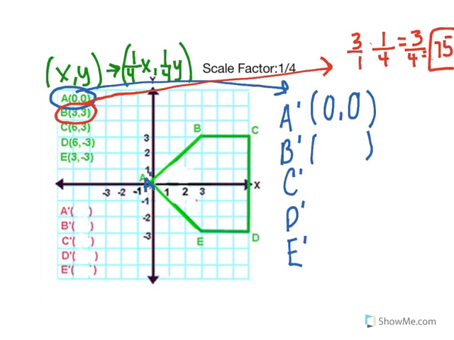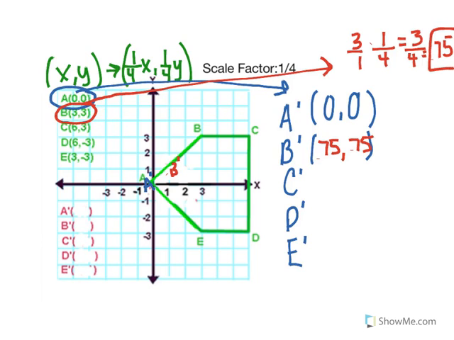So you're going to look at your x-axis and you're going to go over a little bit, almost to 1, but you're going to go up another 0.75. So B prime should be right here, because B prime is 0.75 when you multiply by 1/4, and then 0.75.